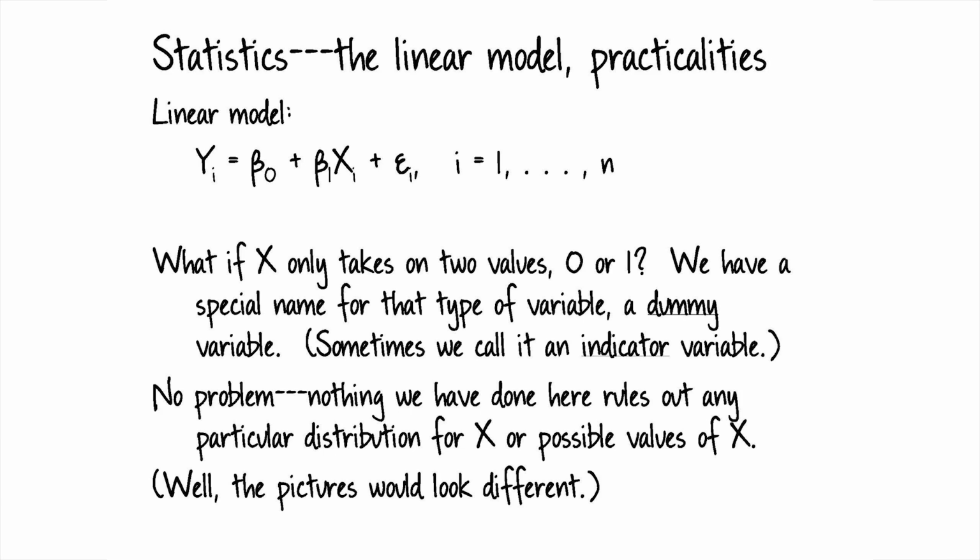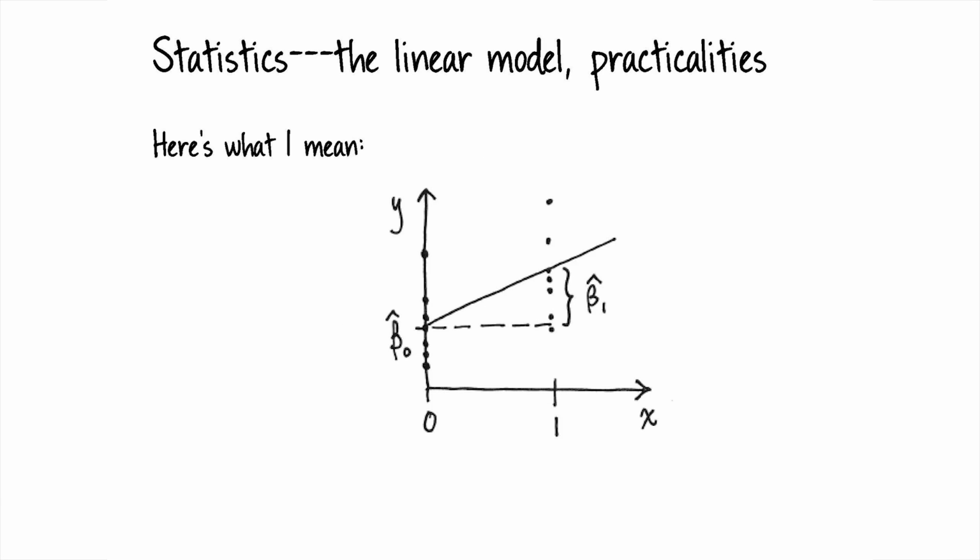Okay, the pictures will look a little different. I'll show you a picture in a second. Okay, here's what I mean. If our x variable only takes on values 0 and 1, then we don't have this nice cloud of data. We just have these two groups, but there's nothing wrong with that, right?